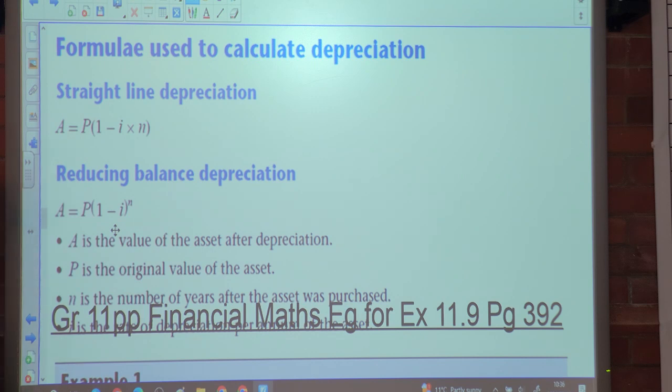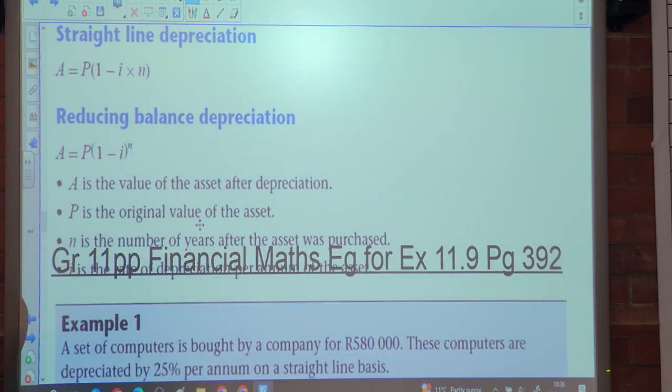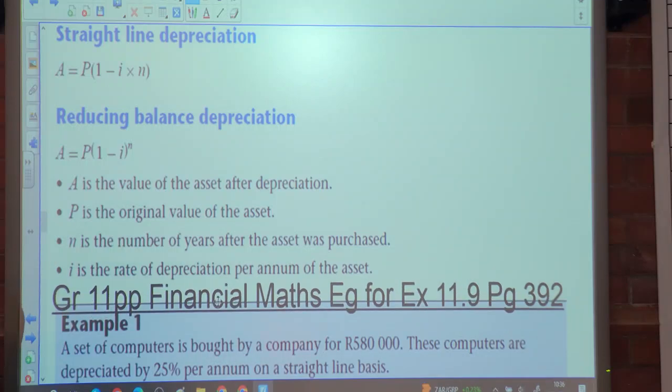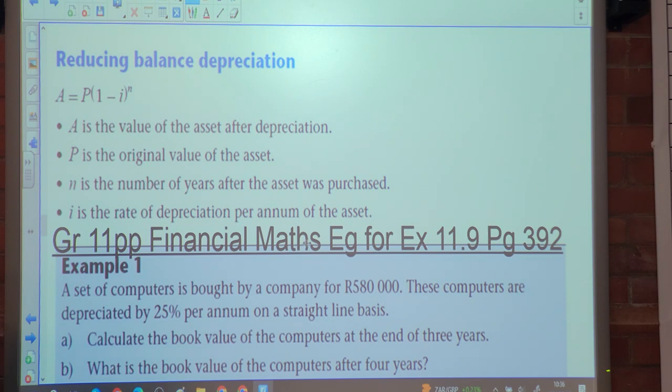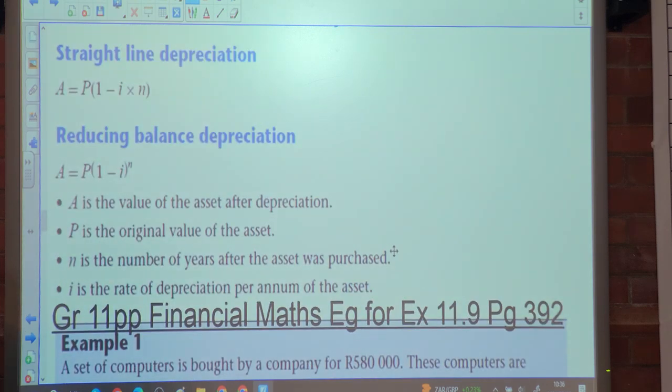Those are the two formulas we will be exposed to in this exercise. Right, so now we are told A is the value of the asset after depreciation, P is the original value of the asset, n is the number of years after the asset was purchased, i is the rate of depreciation per annum of the asset.